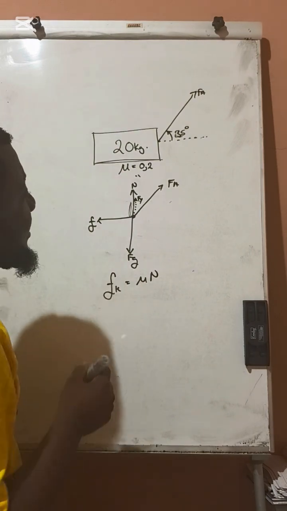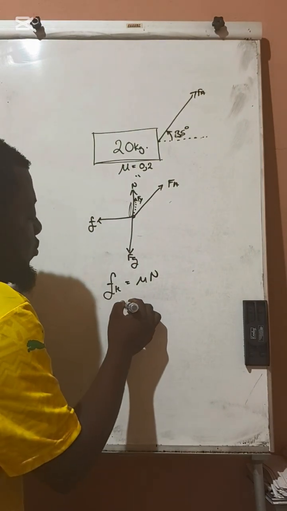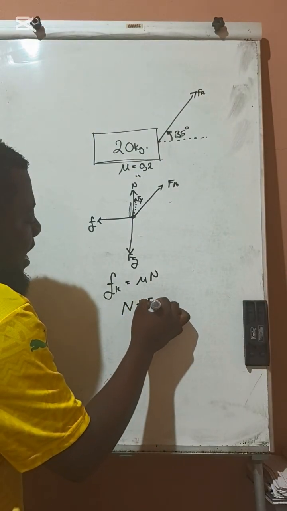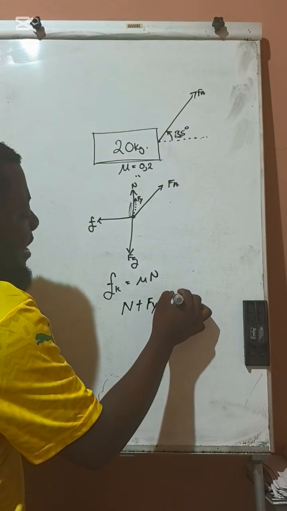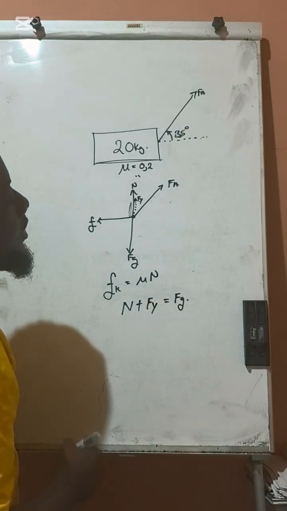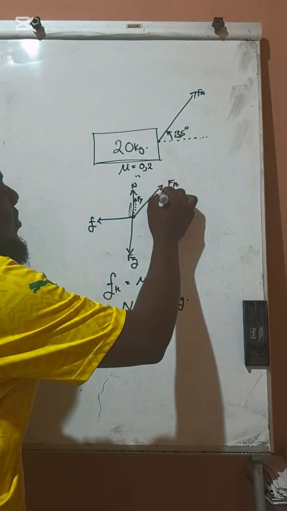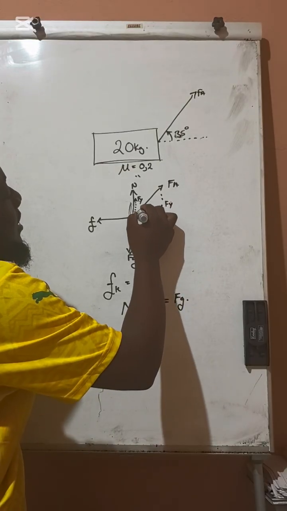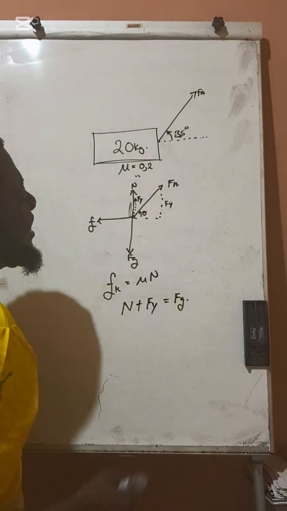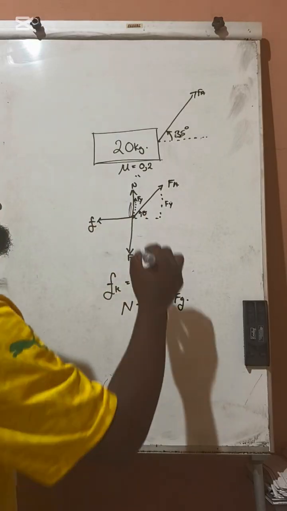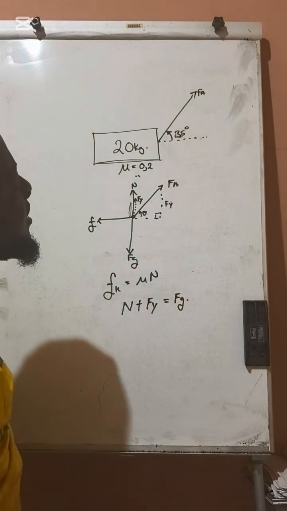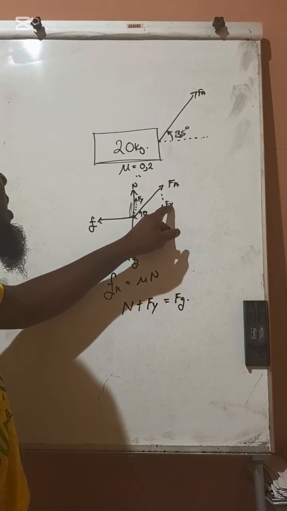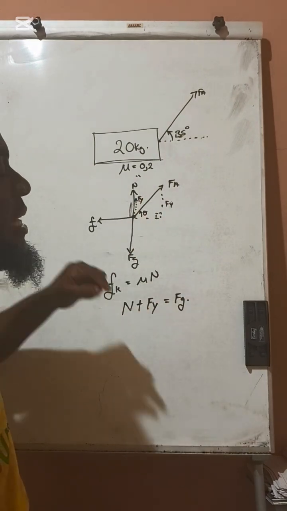So when you are now calculating normal force, in this case you will say normal force upwards plus Fy is equal to Fg. You can construct if you want to calculate Fy. Fy is this side. This is our angle theta, the one which was given as 35. So you go back to mathematics trig ratios. You have opposite and you want hypotenuse, so you use sine of theta.